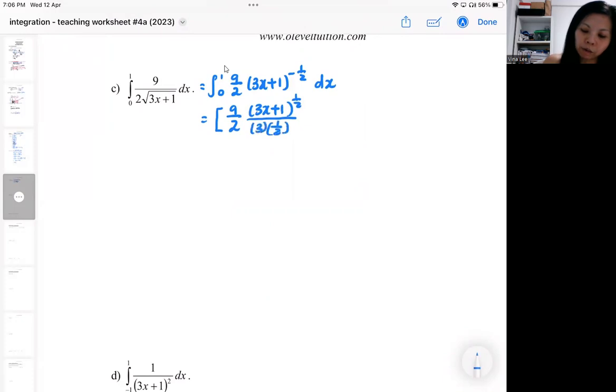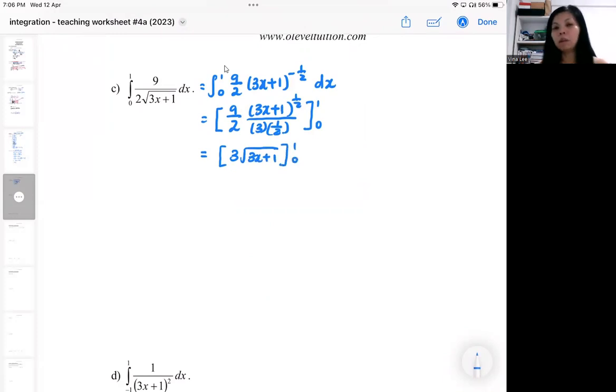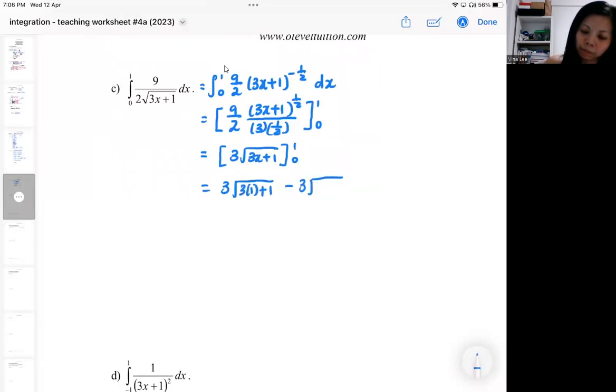Remember the A in the formula. Work out very carefully, you will get 3 square root of 3x plus 1. That's your integrated answer. Then you do a top minus bottom.